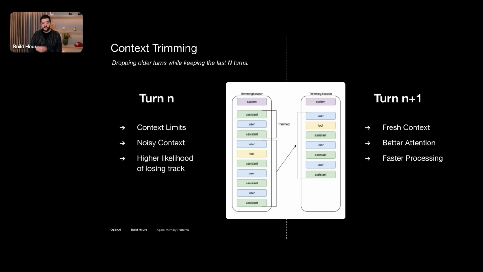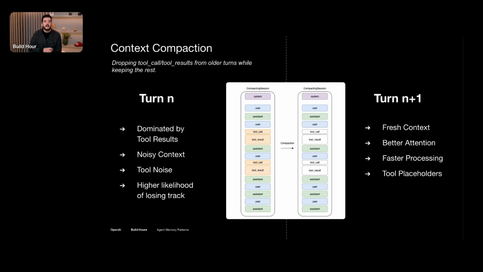But once we trim the older conversations, older messages, now we have fresh context. It has better attention, and you'll also see that it improves the latency. So it basically keeps the last N messages and trims the older messages. And these are just some parameters and knobs we have control over in context trimming. The second technique is context compaction.